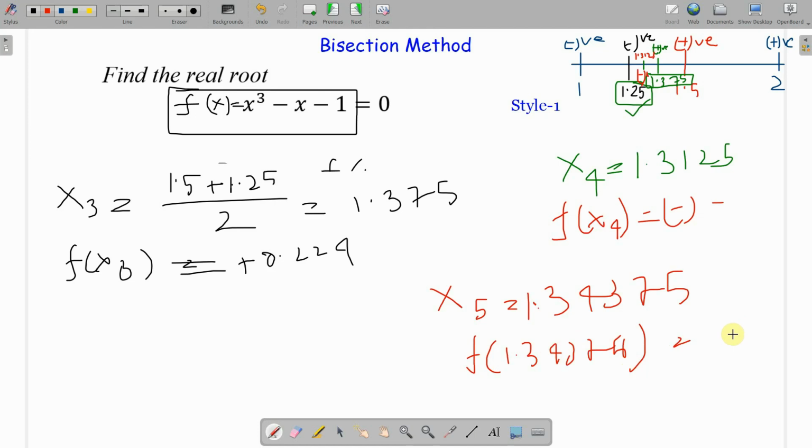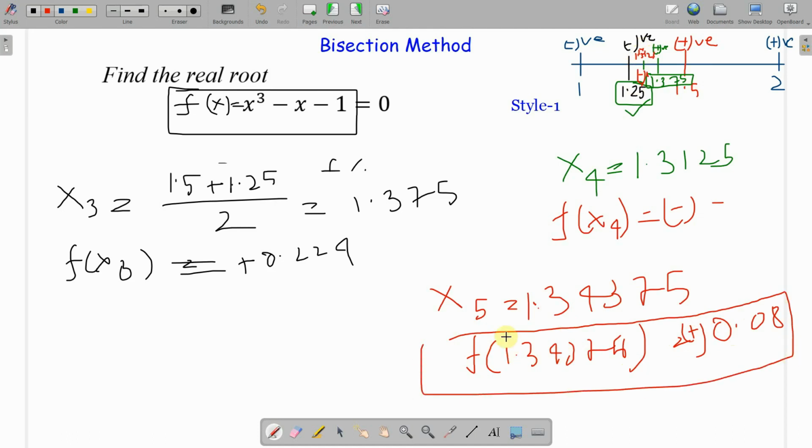Which value you will be getting? 0.08 पॉजिटिव आ रहा है ना? Yes. So at this point पे तुमको पॉजिटिव मिलेगा. अब मुझे जगह नहीं है यहाँ पे. सो इन बिटवीन 1.25 एंड 1.3125 में होगा, लेकिन मैं बोलूँगा कि 5 इटरेशन तक ही करो.